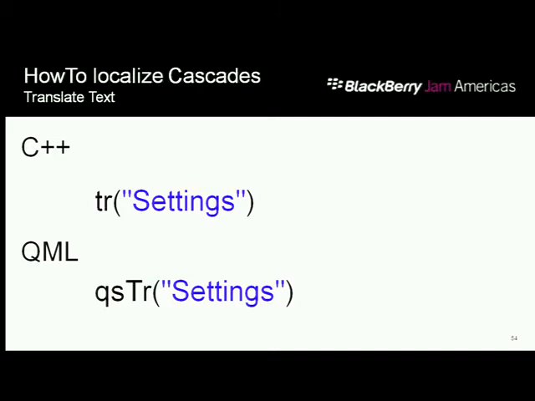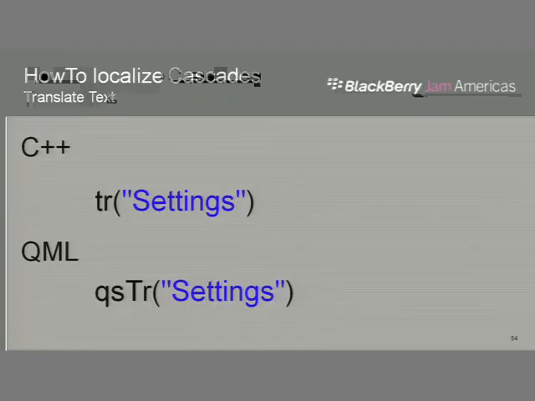So everywhere where you are setting something like a title or an action or a tab or naming something, simply say translate settings, and it is singular in QML. You say qsTr and then your string. And by magic, these strings will be put into the translation files where you can do the real translation then.